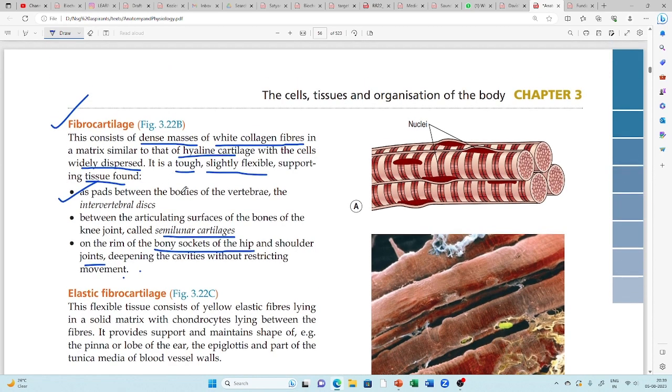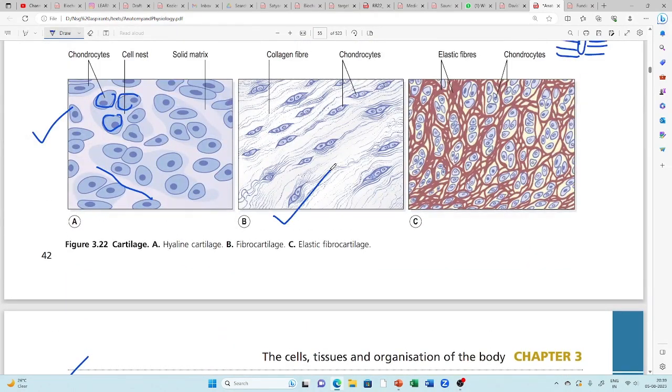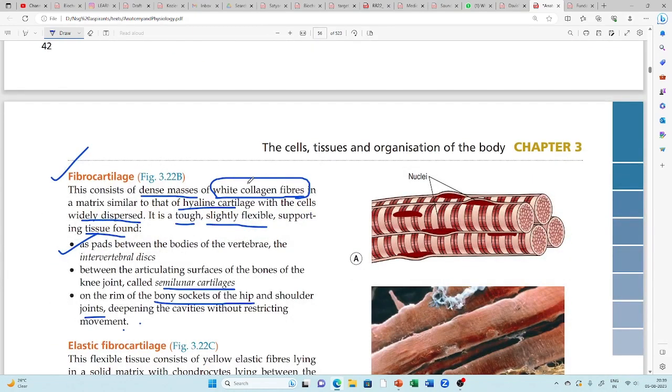Fibrocartilage is another type of cartilage, and it contains thick, dense masses of white collagen fibers. Here you can see a fibrocartilage structure. These are the chondrocytes in the fibrocartilage. We can also see the thick, dense, white collagen fibers, and the matrix or fluid between the chondrocytes is similar to hyaline cartilage.